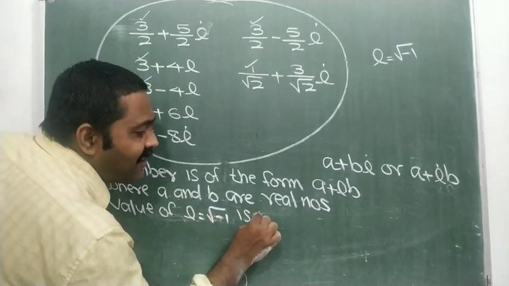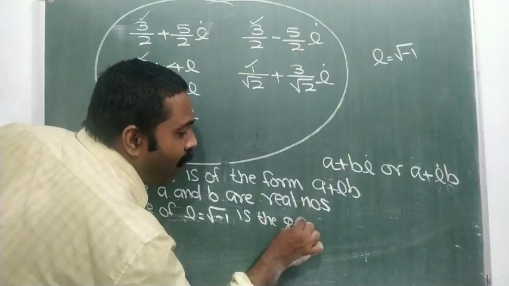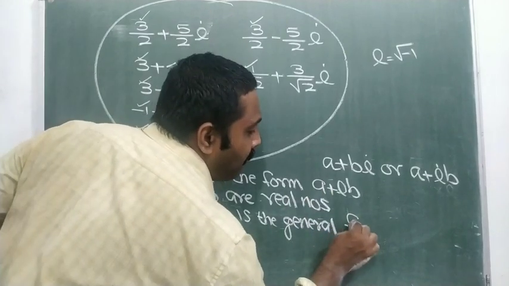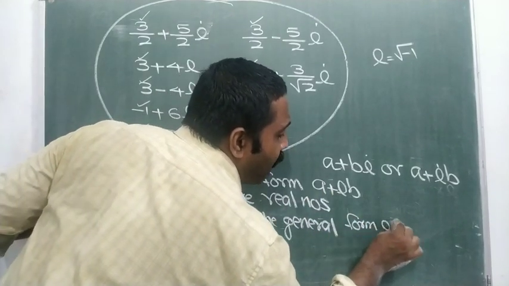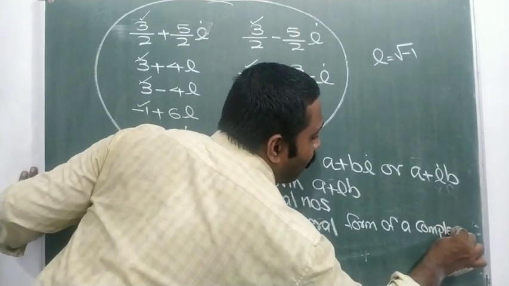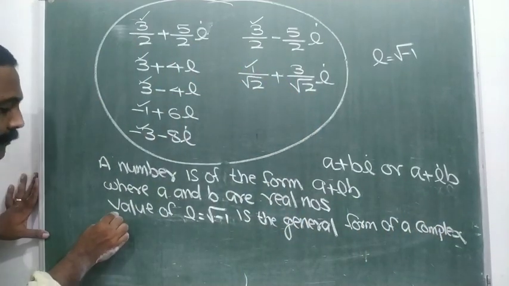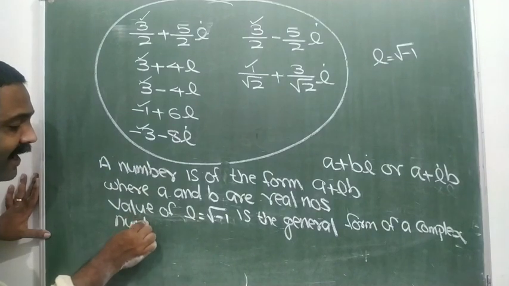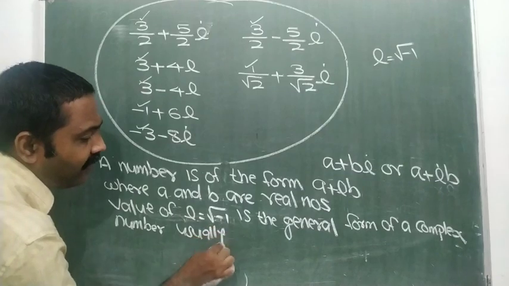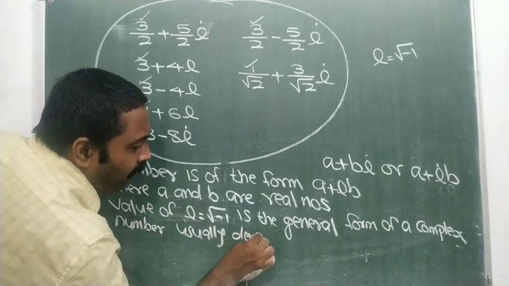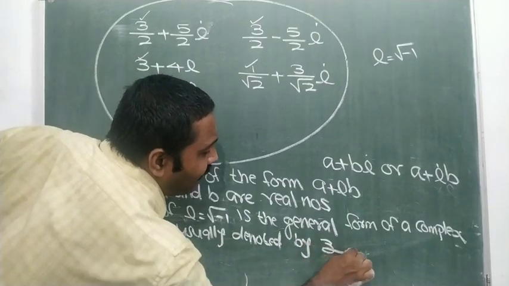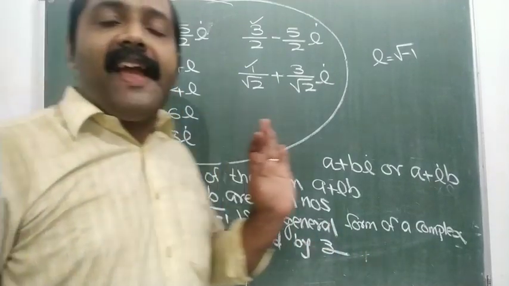This is the general form of a complex number. What is the general form of a complex number? a plus ib. It is usually denoted by small letter z.